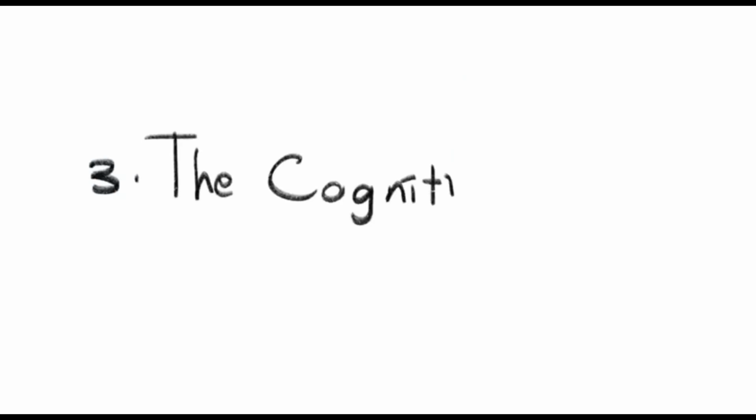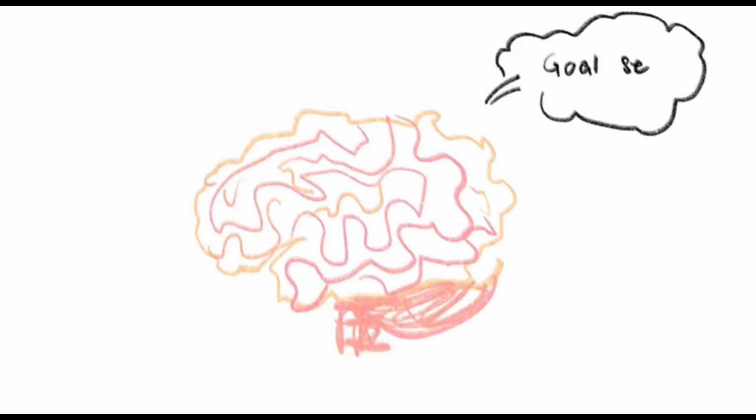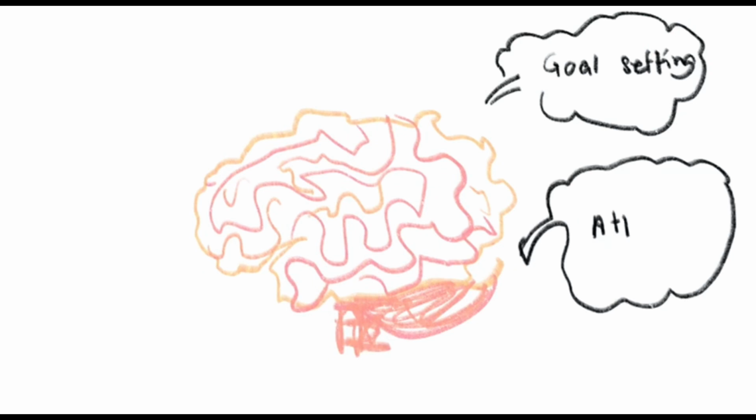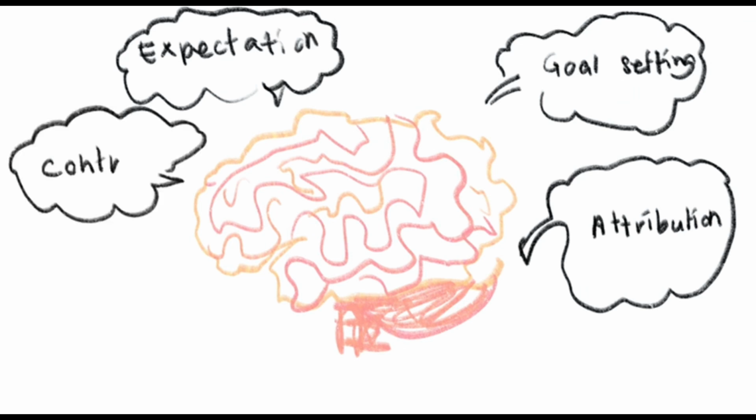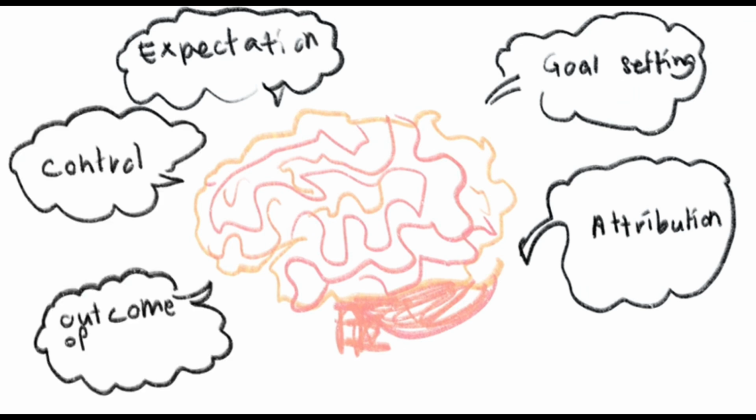Then, the third perspective, the cognitive perspective, which means students' thoughts guide their motivation. This perspective focuses on ideas such as students' goal setting, their attributions, their expectations for success, and the belief that they can effectively control the environment and the outcomes of their efforts.